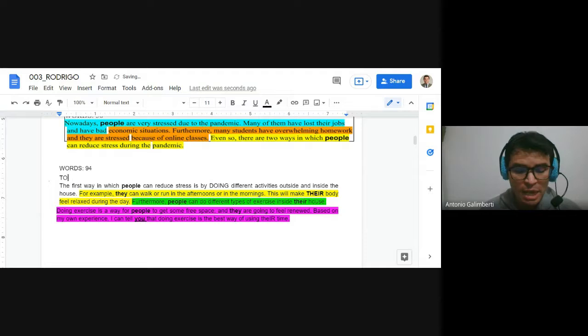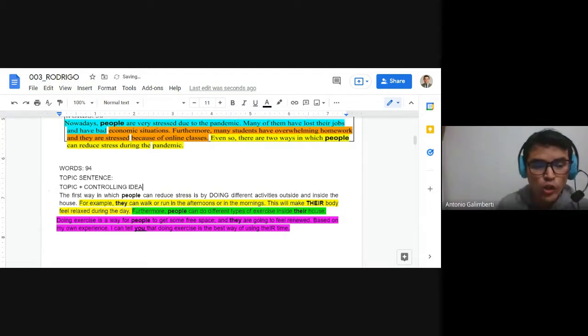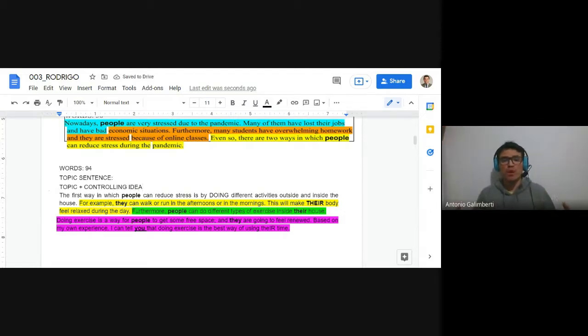Remember, when you write a topic sentence, what do you have to do? You have to include a topic plus your controlling idea. The controlling idea gives me information about the thing that you will be addressing, or the points that you will be touching on in this paragraph.